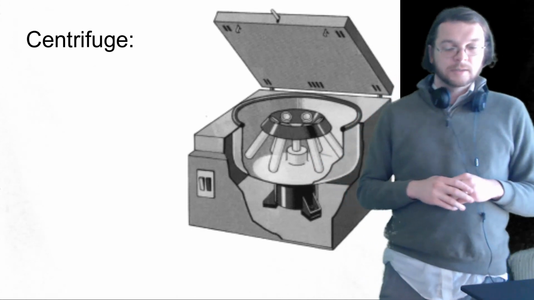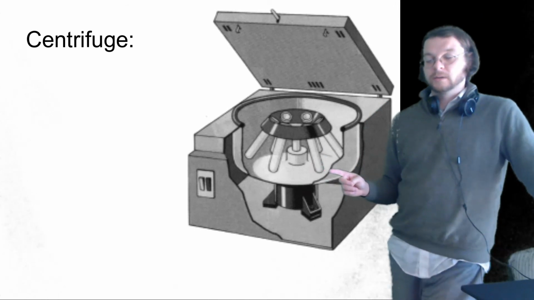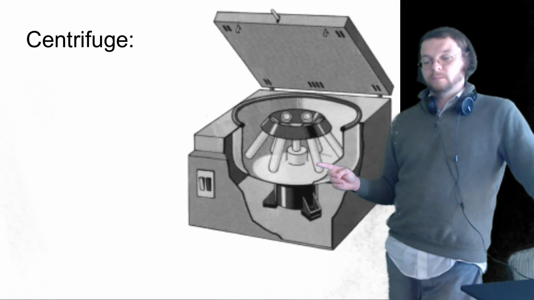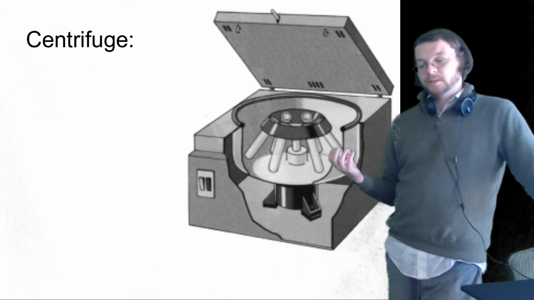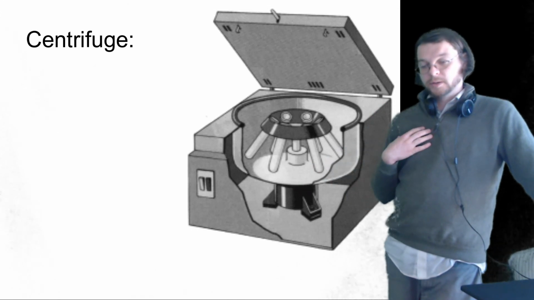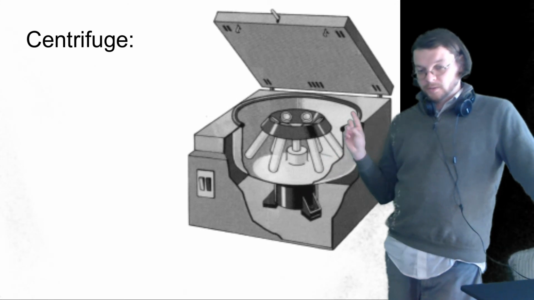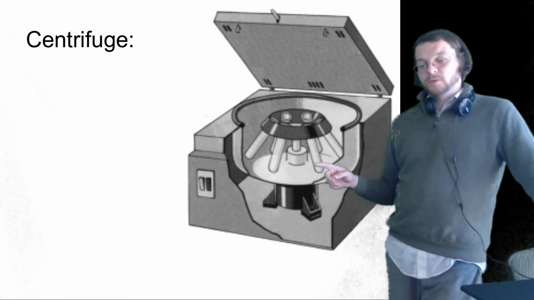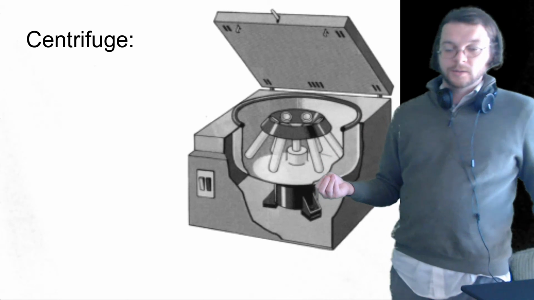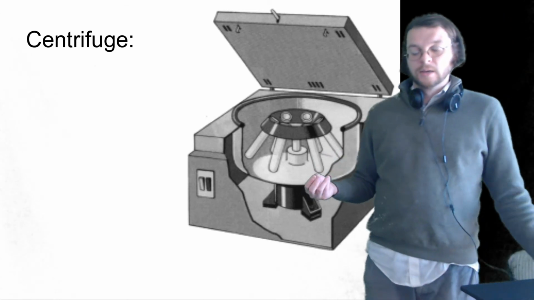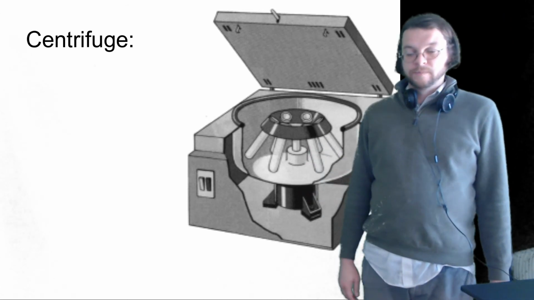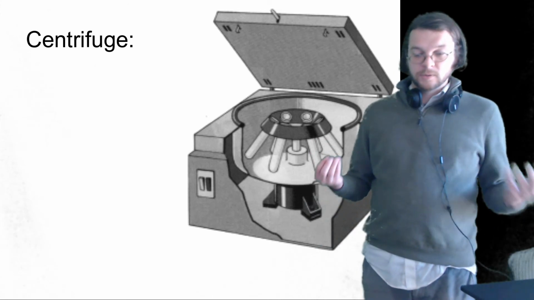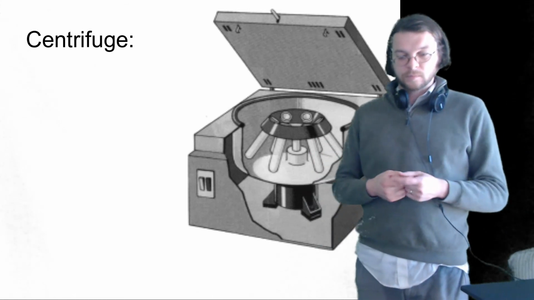But the basic idea of it is that when you have a centrifuge and you're spinning something around, for example, when you have blood in here, your red blood cells are slightly higher density than just the water in your blood, or the plasma. And so if you spin it around like this, it causes the denser things to sink and the lighter things to rise, in a way that happens much more quickly than if you just let it sit there.